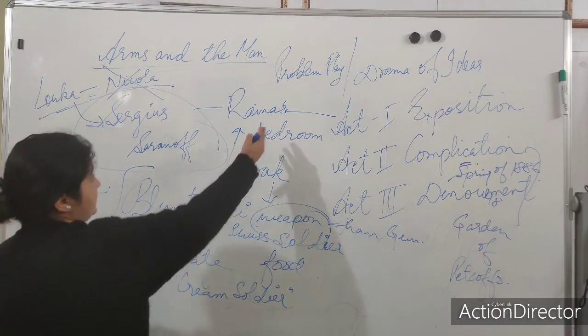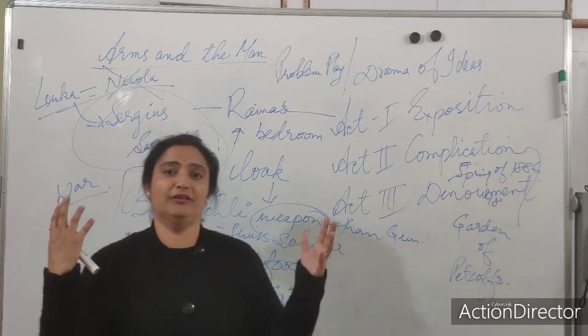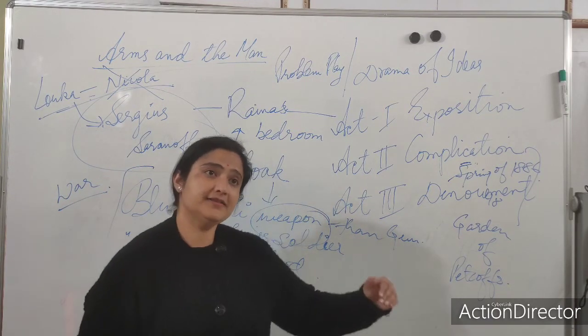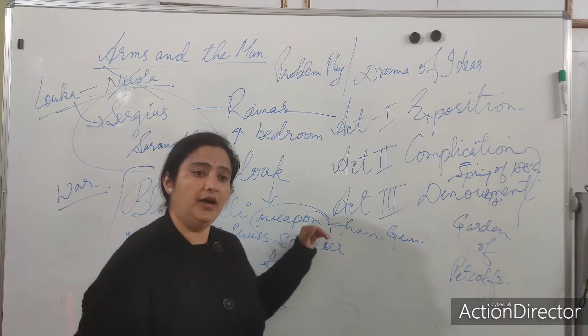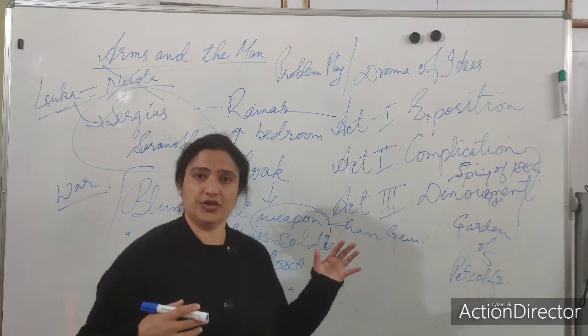At the beginning we see how she is living in the fantasy world of love with this Captain Sergius, right? And suddenly when she meets this man, how her love changes, suddenly the notion changes.